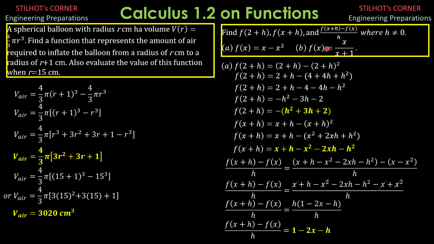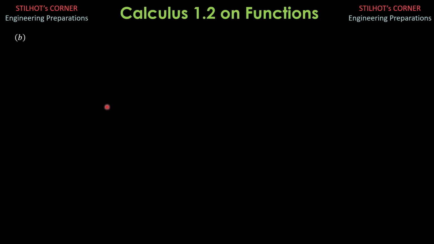For the second part, let's have it on the next slide. So for part B, f of x equals x over x plus 1. So f of 2 plus h is 2 plus h over 2 plus h plus 1. So the answer, write h first.